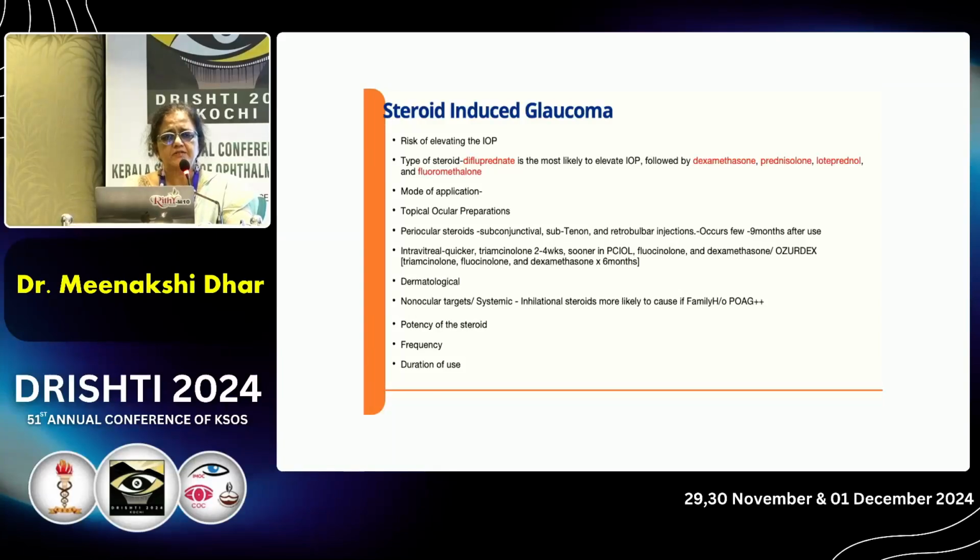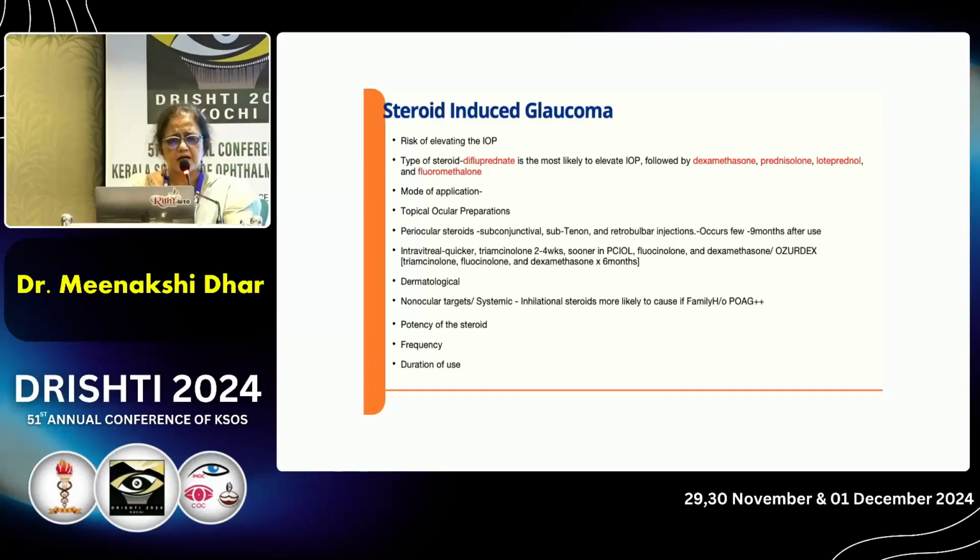And it depends on the mode of application. Topical, of course, we all are aware of and we remember as ophthalmologists. Periocular steroids, subconjunctival, sub-Tenon's, all these injections may cause it. This occurs a few weeks to months after the use of the injection. And in intravitreal, it occurs much quicker, with triamcinolone within 2 to 4 weeks of giving the injection.